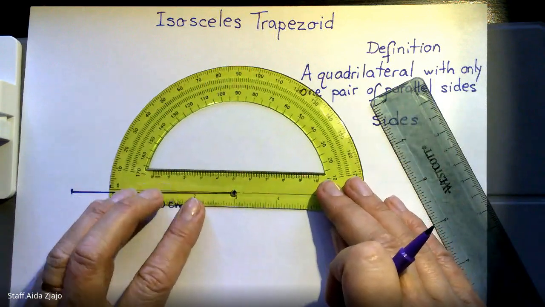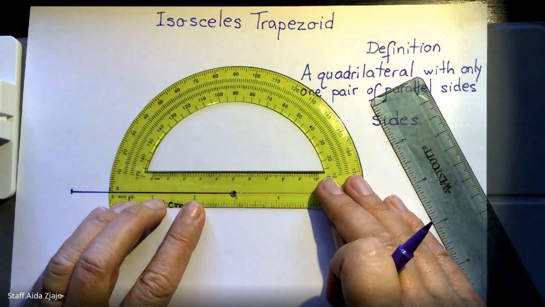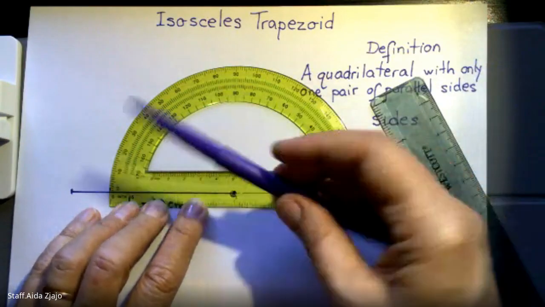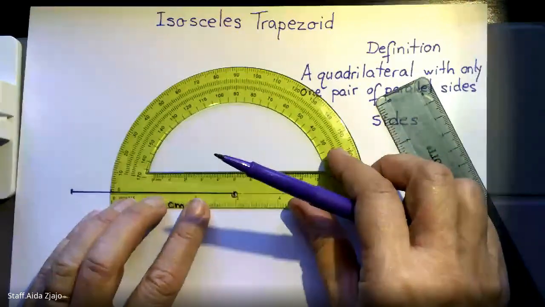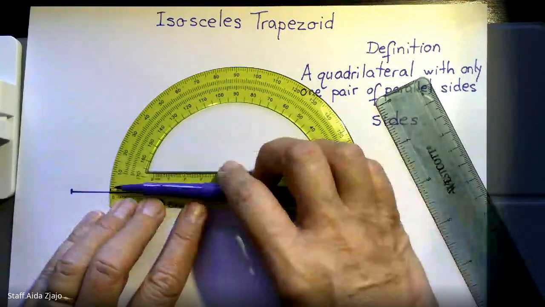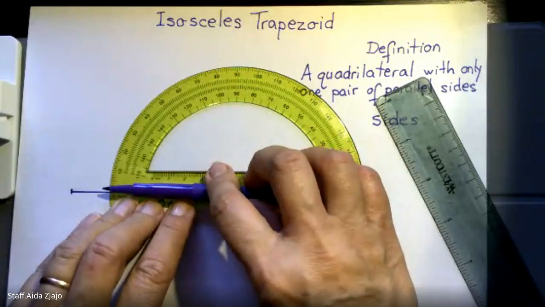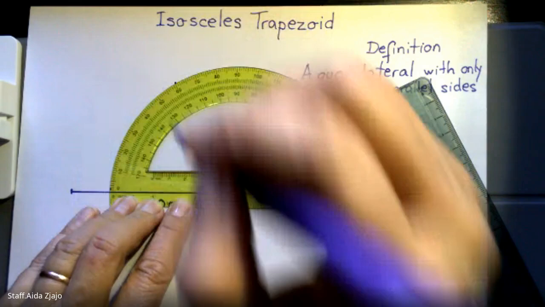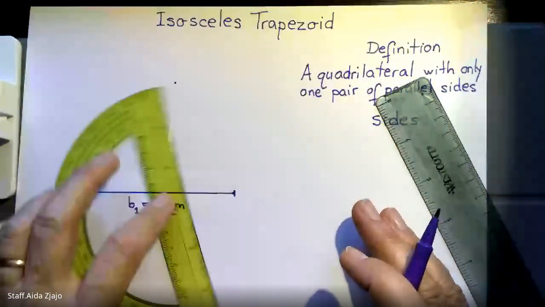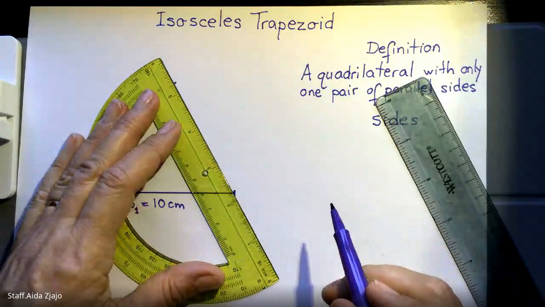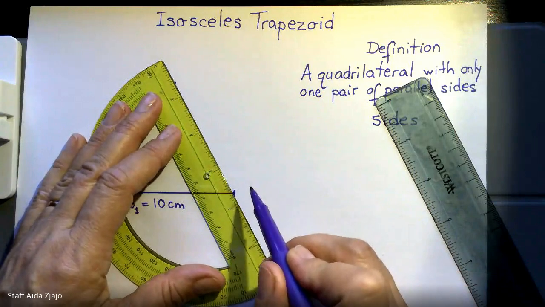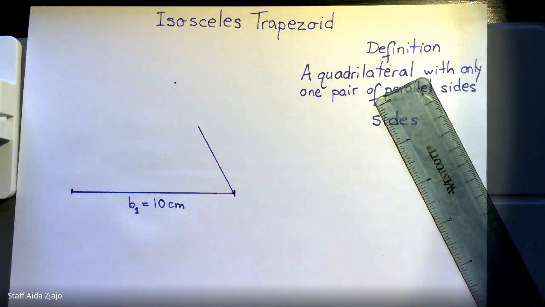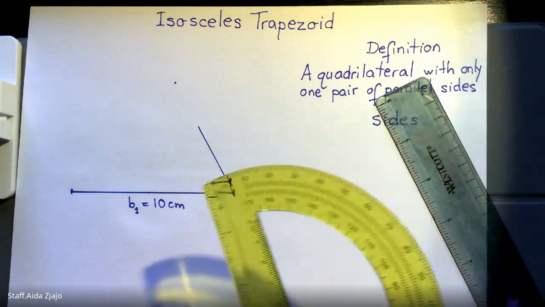We can start from here, and I would like my angle to be 60 degrees. So I'm going to go 0 line from this point right here, and then I'm going all the way to 60, and 60 is right here. And I'm going to draw, connect the dots, and that will be one leg of my trapezoid.